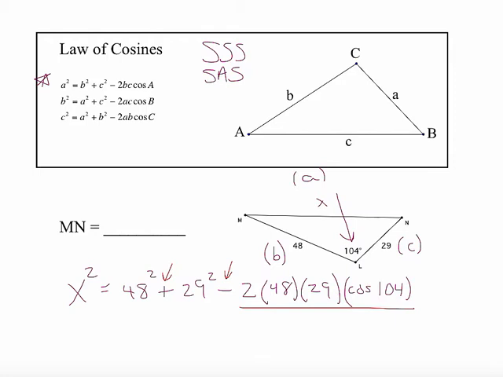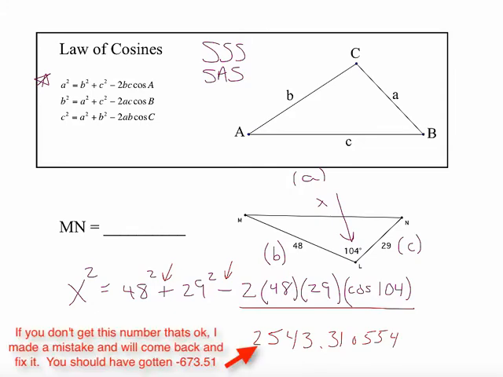So when I go to my calculator to type this in, I'll do this in steps so you can see it: 2 times 48 times 29 times the cosine of 104, and I'm getting a really big number here. I'm getting 2543.3105554. So 2543.31. Now that's okay because you're multiplying big numbers here. And there was a minus in front of that.